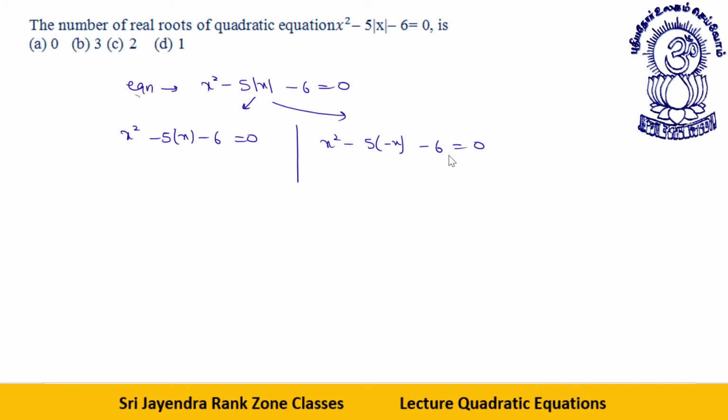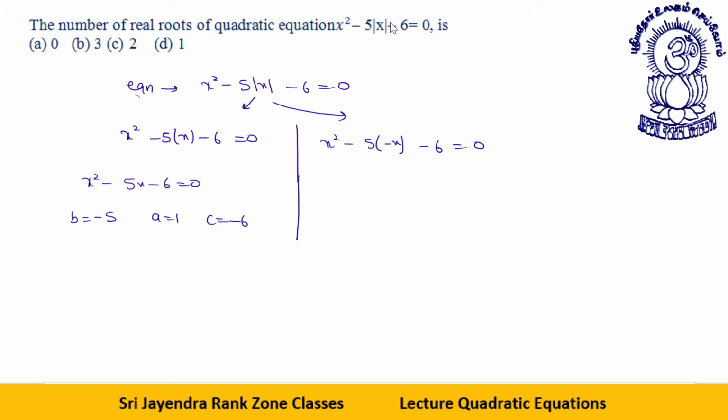Fine. Now this will be x square minus 5x minus 6 is equal to 0. Let's solve this equation and find b square minus 4ac. b is equal to minus 5, a is equal to 1, and c is equal to minus 6.